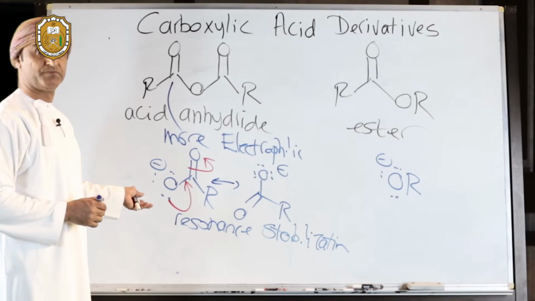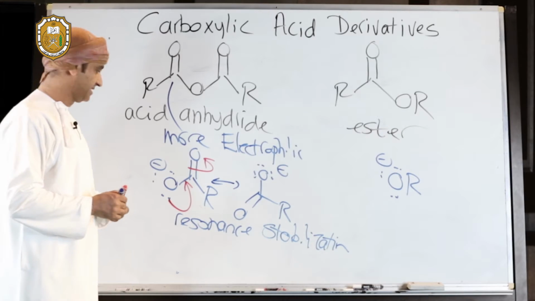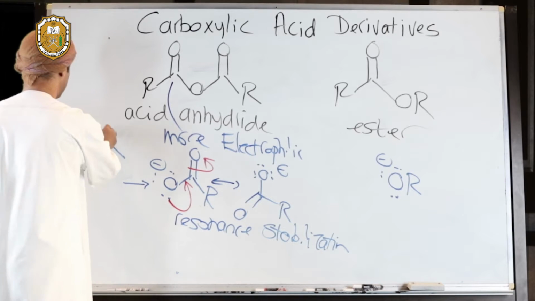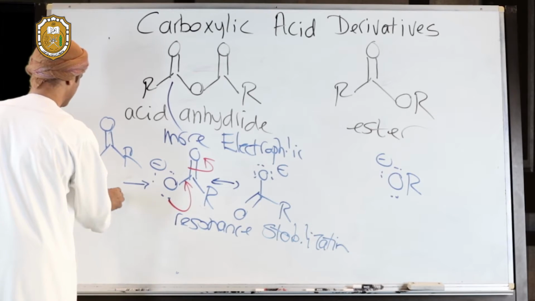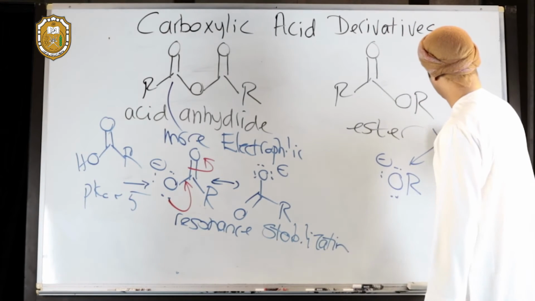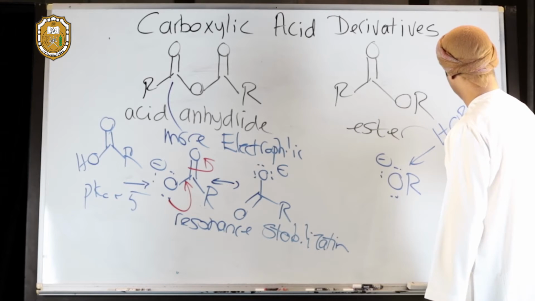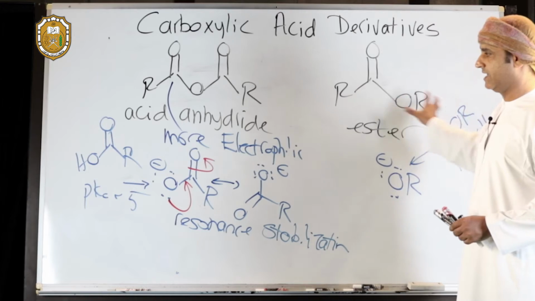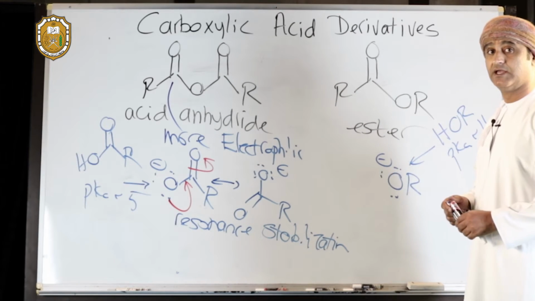Now, we can also look at the corresponding acids. Carboxylates come from carboxylic acids with a pKa of, in general, 5. OR minus or alkoxides come from alcohols with a pKa of about 16. So obviously alcohols are weaker acids than carboxylic acids, so therefore the alkoxide ion is a stronger base.